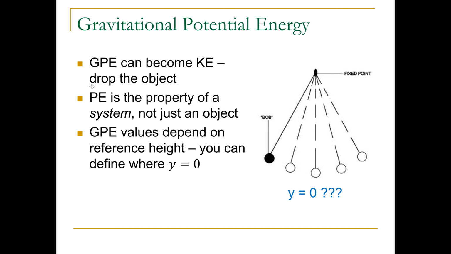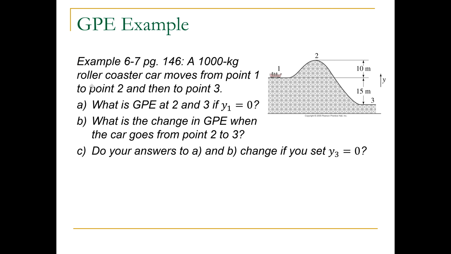This is true as well for kinetic energy, but it comes up much more in gravitational potential energy problems. You should consider where is the best spot to set y equals 0, and typically you want to do that at the lowest height. So for a pendulum, you wouldn't set y equals 0 at the ground. You'd set it at that lowest point, right when the pendulum's hanging straight down. And that can simplify the problem solving steps.